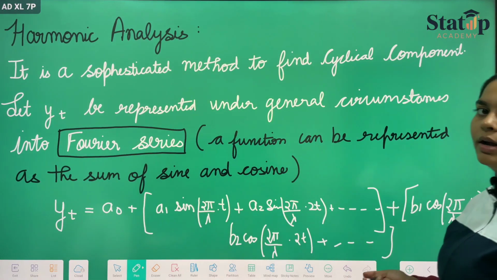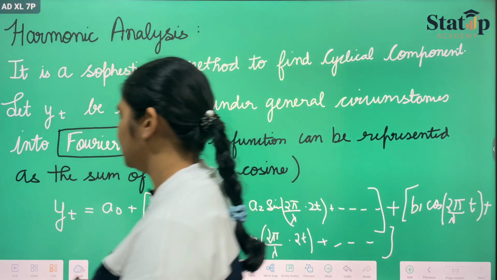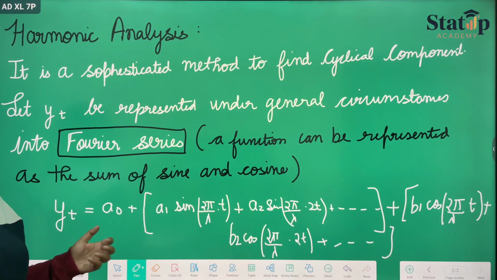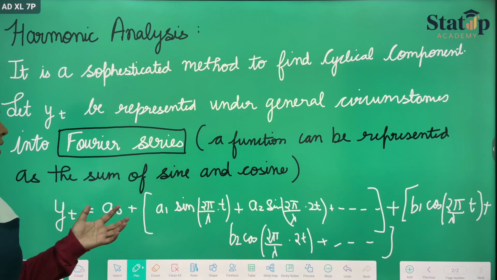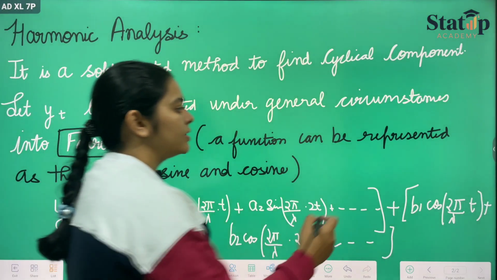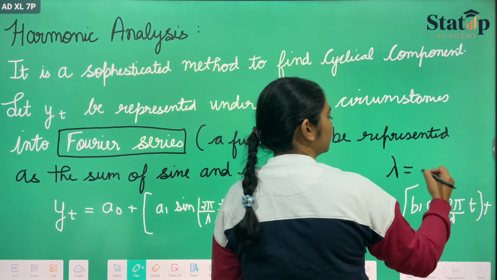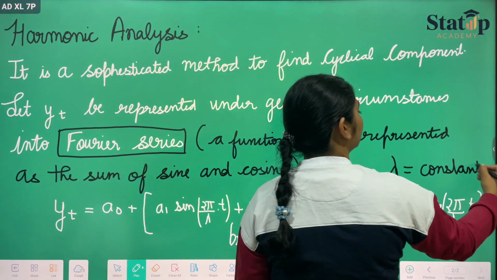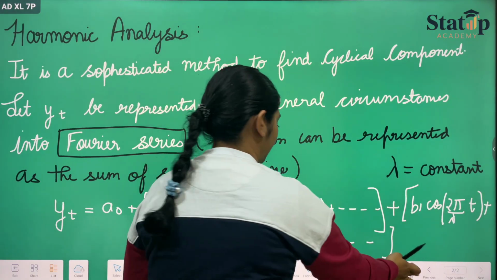So this would be our function of the time series, which is also the Fourier series, written as the sum of sines and cosines respectively. Lambda here is any constant.